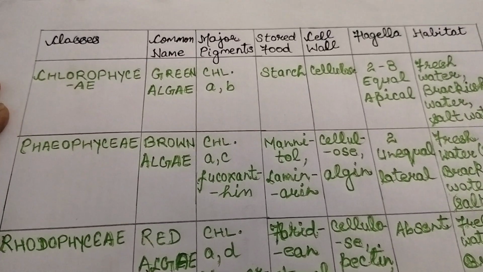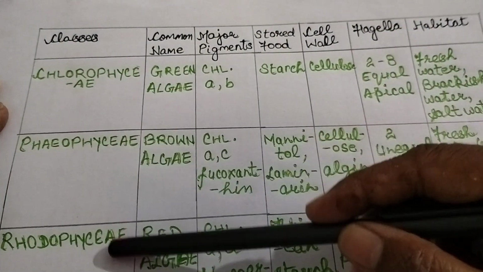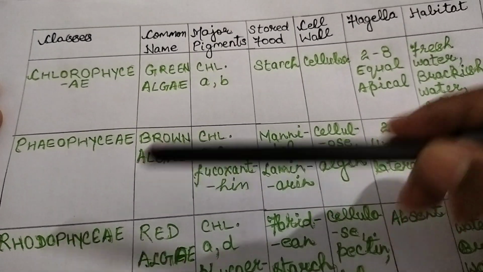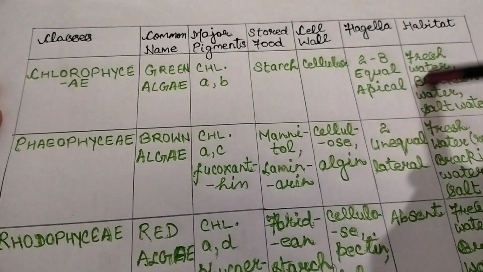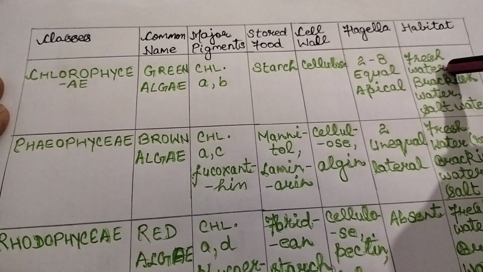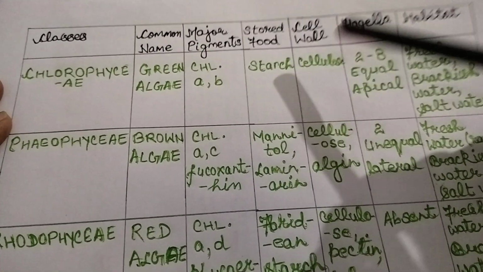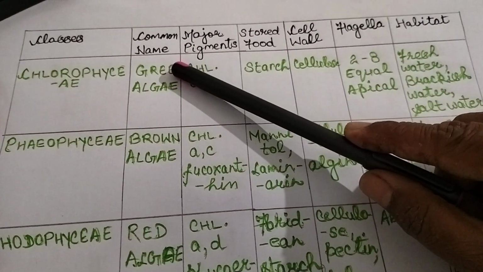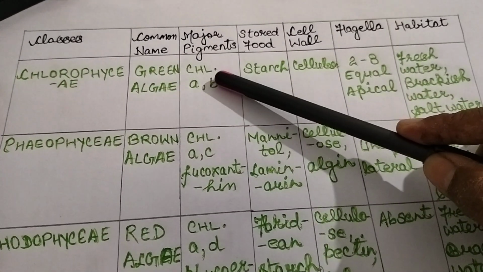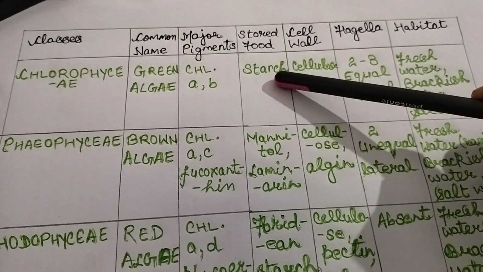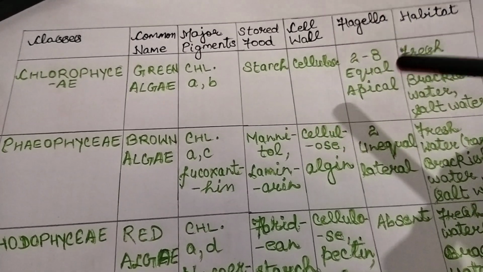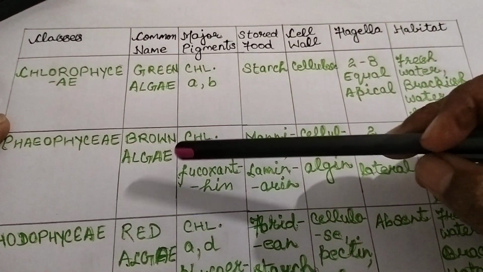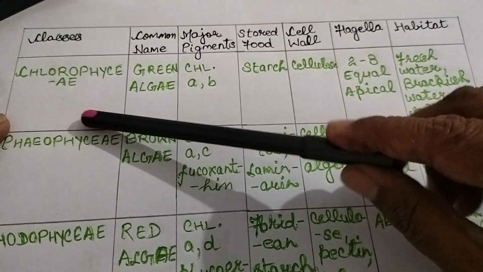Here we can see all the three classes of algae, that is Chlorophyceae, Phaeophyceae and Rhodophyceae, and we have taken their distinguishing characters here for your easy understanding and learning. Which characters have we taken? We have taken their common name, major pigments present in them, stored food present in them, their cell wall, their flagella and their habitat. So just have a quick look or revision of all the three classes of algae.